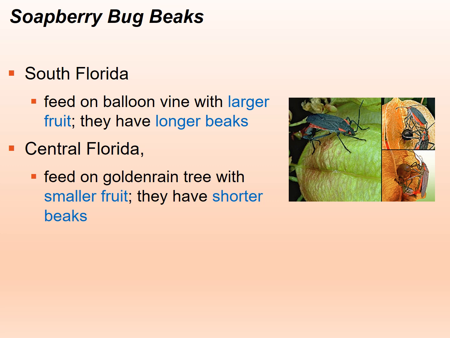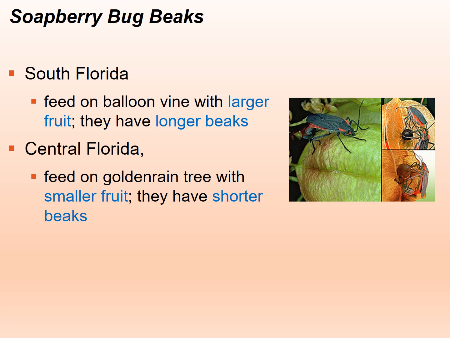So the soapberry bugs have evolved to have longer beaks, because the larger fruit have a larger seed coat, so the depth of the fruit is a lot larger. In Central Florida, they generally feed on the golden rain tree. These have smaller fruit, so they have smaller beaks. You can see this. This is a direct observation. We can see natural selection. We can see this evolution happening, right?